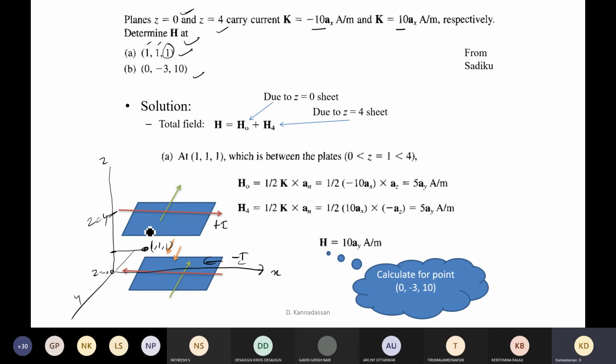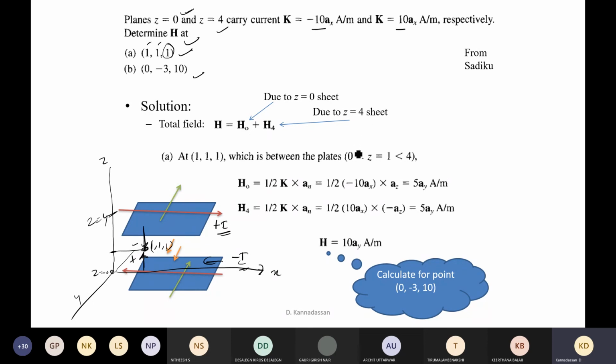These two infinite sheets will have one distance here and another distance there, but at any distance we know they are going to have the same magnetic field, K by 2. This one is going to give plus, and this is going to give minus. The very important question is that for this it is below, for this it is above. For above it is positive, for below it is negative. So obviously you will get the opposite.